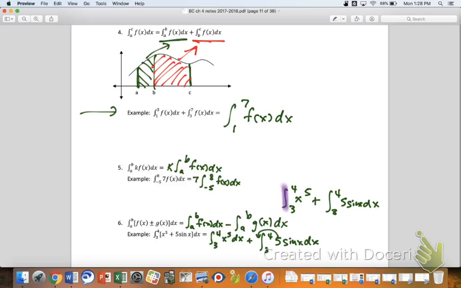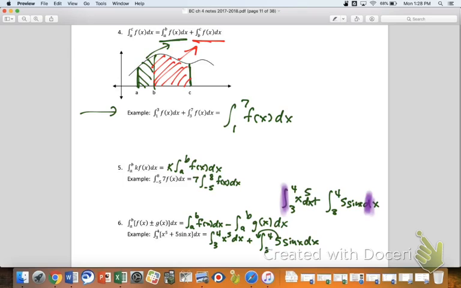Think of this integral sign as the opening of a parentheses and the dx as a closing of the parentheses, right? And so if you did it this way, you're basically saying that this whole thing right here is your integrand, and that's not the case. If you put the dx right there, then now it's clear what you're actually doing. So be careful with that for sure. Anybody have any questions?